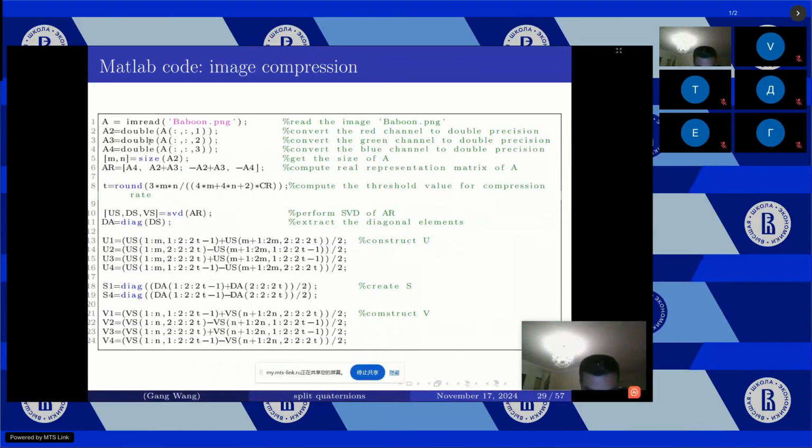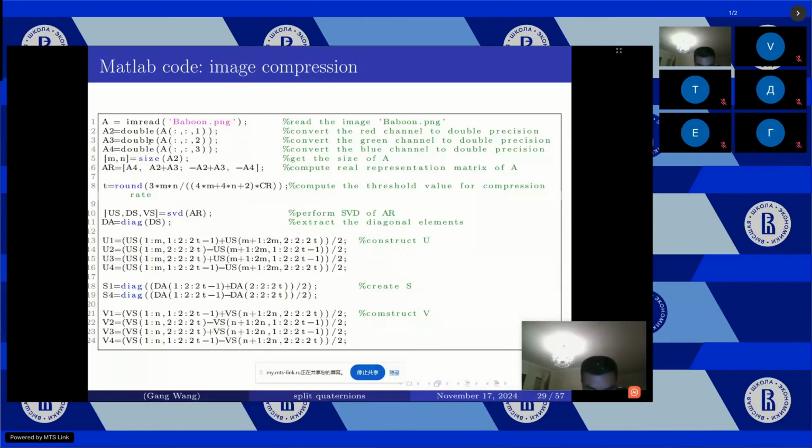Next, we present a specific image compression program in MATLAB. This approach is similar to image singular value decomposition, but differs in that it uses the compression ratio to control the amount of data to be stored.